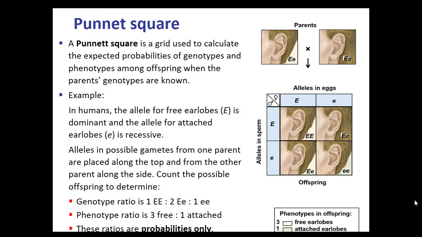And that's determined by a pair of alleles that we call big E and little e. And big E is for free earlobes. Little e is for attached earlobes. So if you have one of each, you have the free earlobes.